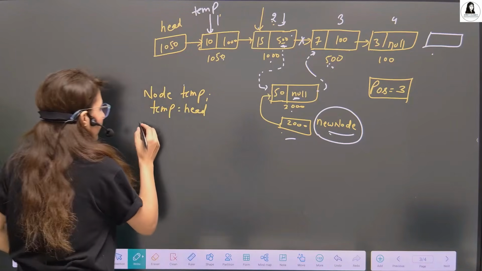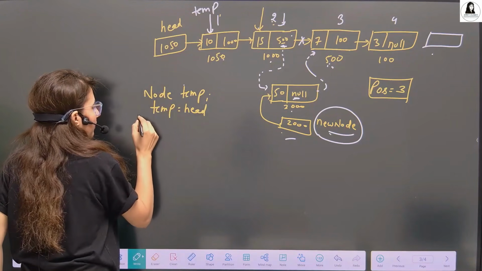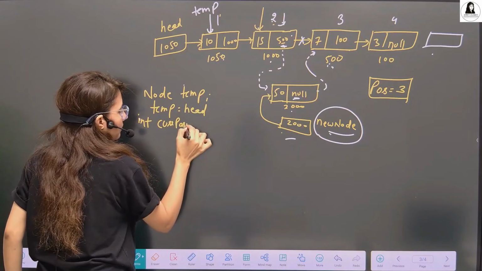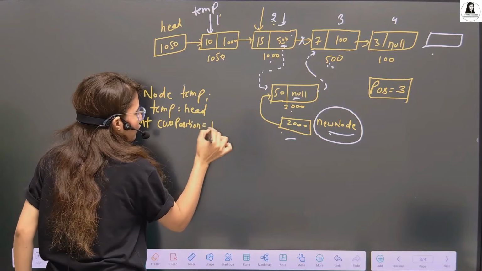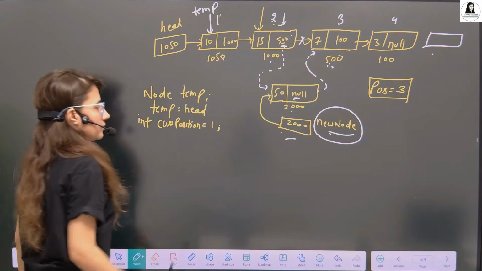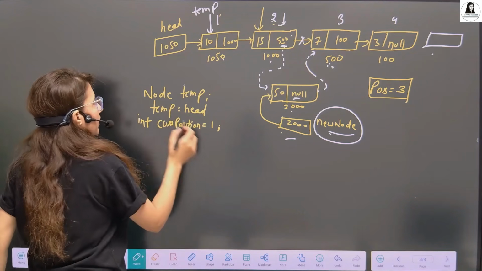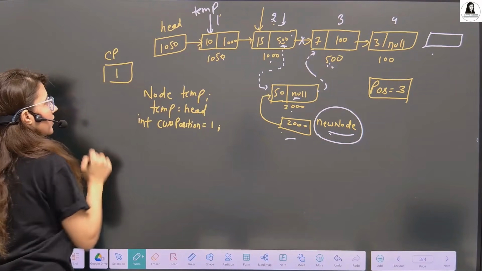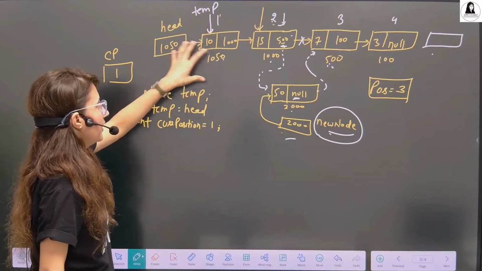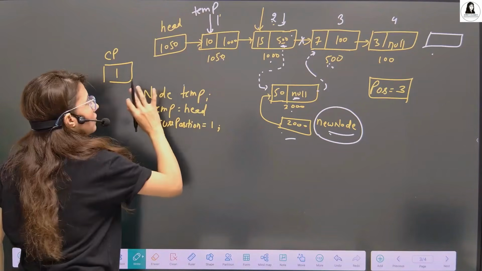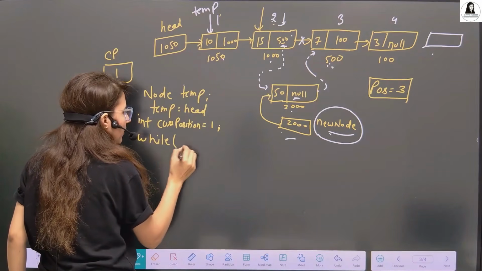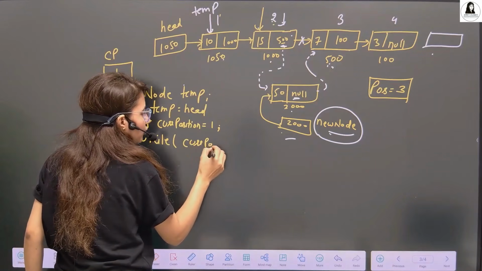So for that you have to take one more variable, int, your current position. Right now, my current position is 1. Let's say CP, current position, is 1 right now. I'm here, temp is here, head is pointing to this. Now we say while my current position.